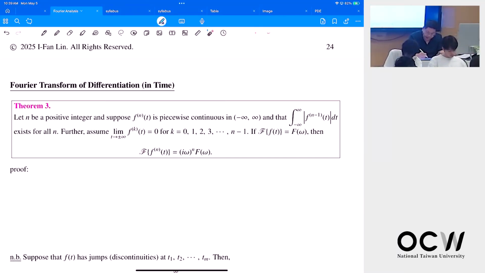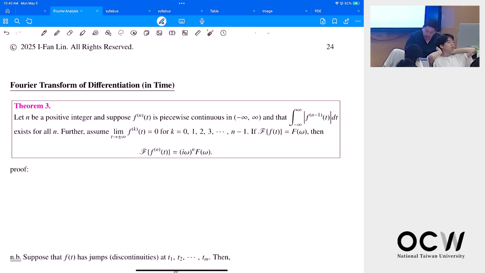So what is the Fourier transform of a derivative? Let n be a positive integer, the nth derivative is piecewise continuous, and this integration exists. That means the n minus one derivative is finite.